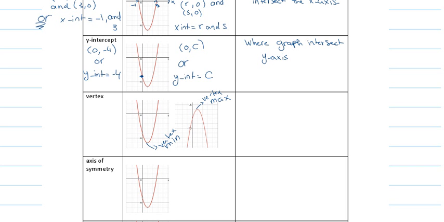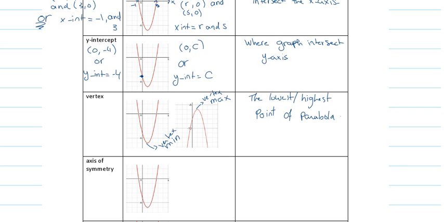So we call that the lowest or highest point of the parabola. And since it's a point, it has to have two values, x and y values.